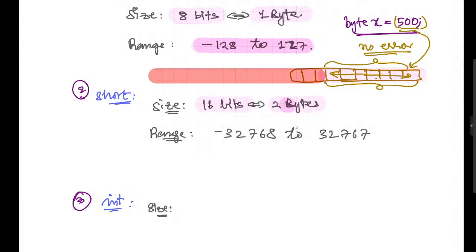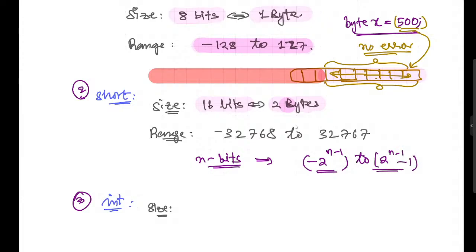With 2 bytes of data, generally for n bits of integral data, we can calculate the range using minus 2 power n minus 1 to 2 power n minus 1 minus 1. This is how we calculate the range.